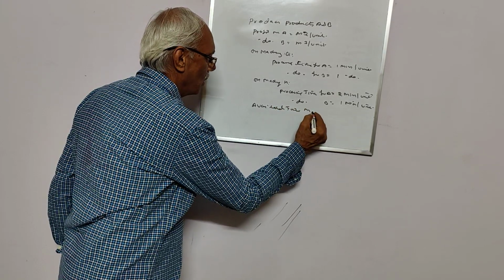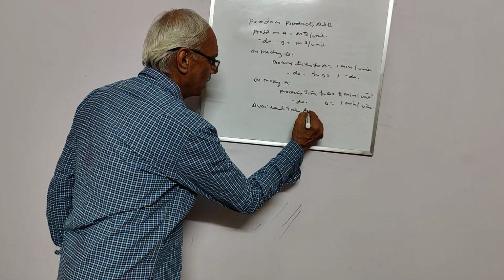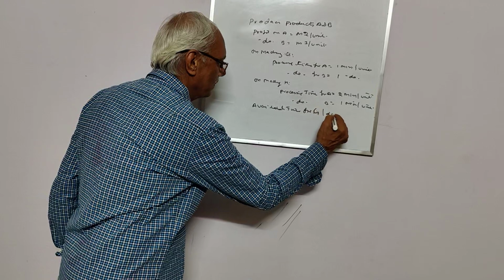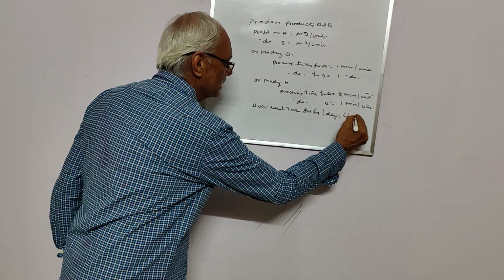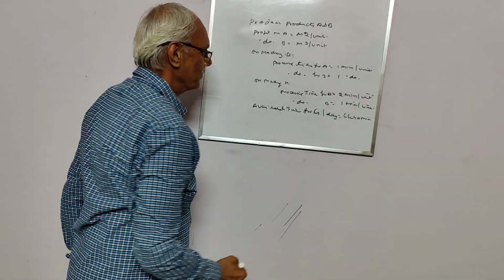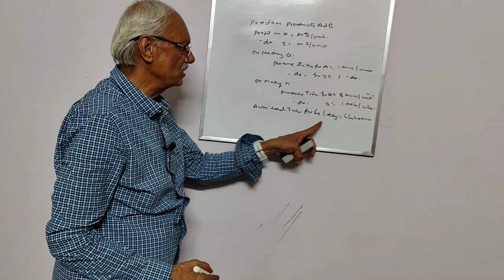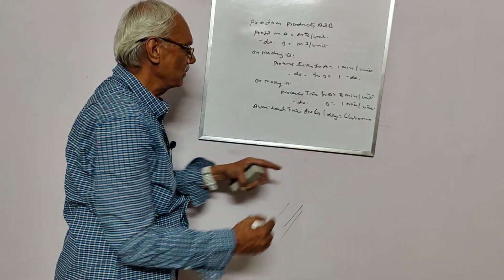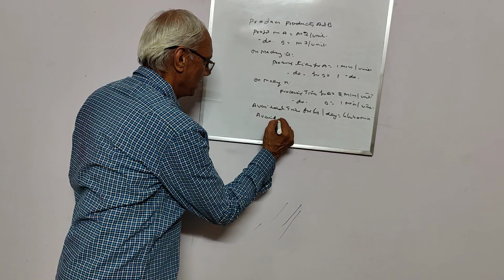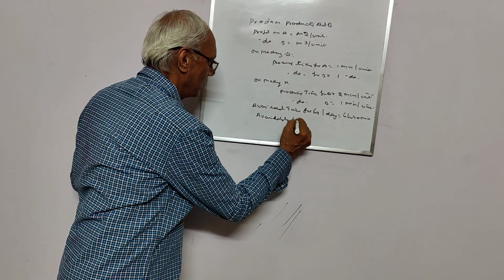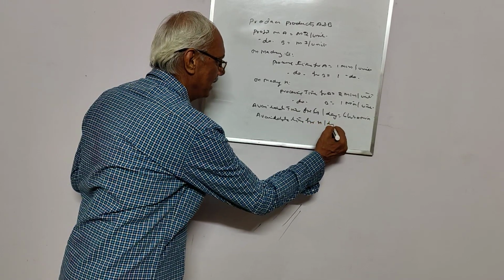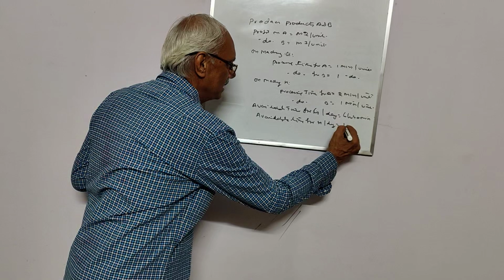Available time for G per day is equal to 6 hours 40 minutes. Available time for H per day is equal to 10 hours.